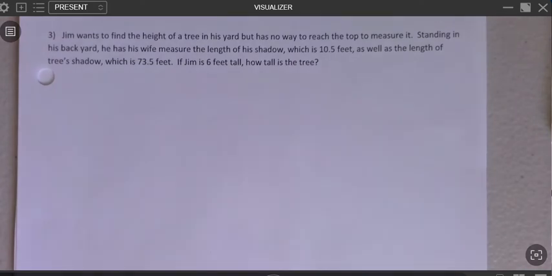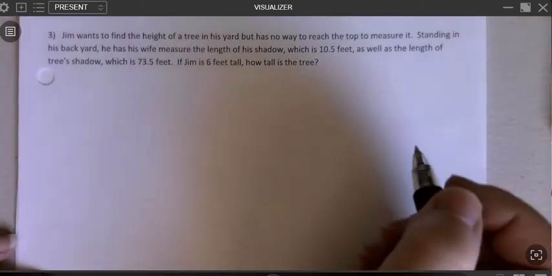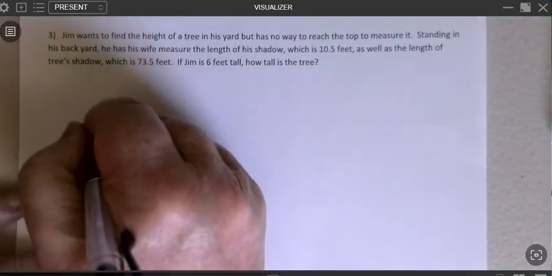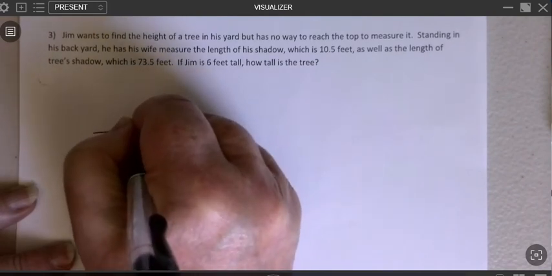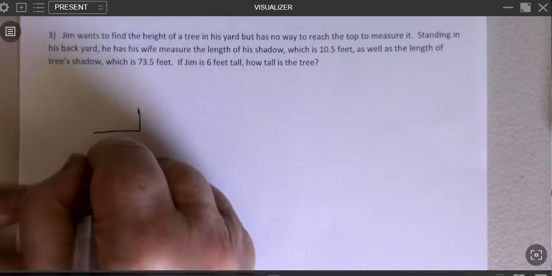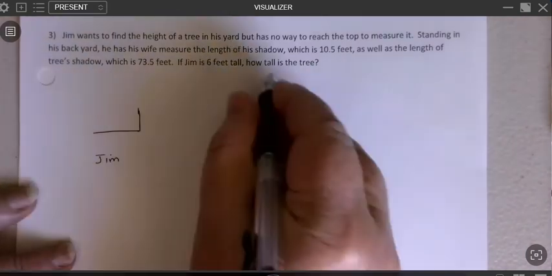Although it may not jump out at you right away, this is actually a similar triangles problem. Let's start with Jim himself. So here's Jim. He's 6 feet tall.